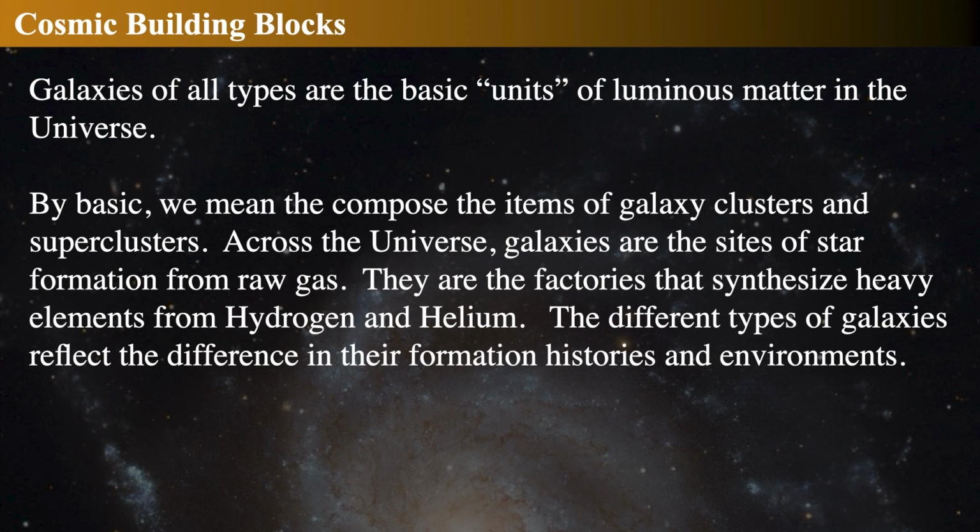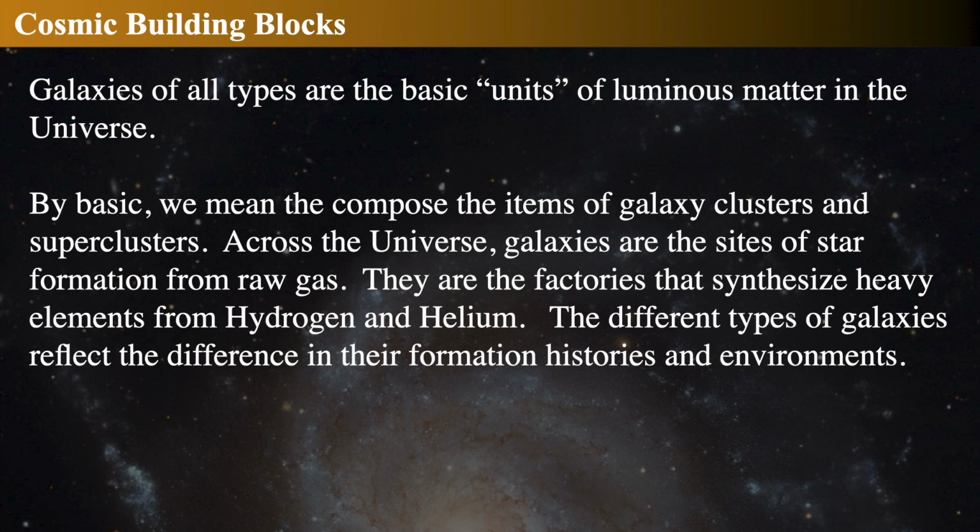The most important element, and the takeaway of this, is that galaxies are the basic units of luminous matter in the universe. By basic, we mean that when we say we're looking at a supercluster of galaxies or a galaxy cluster, we're not looking at individual stars, we're looking at groups of galaxies, which then also group into groups of groups called superclusters, or just a really big group of galaxies.